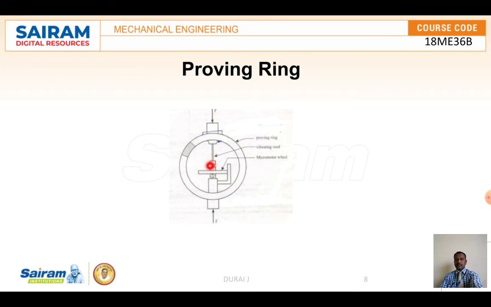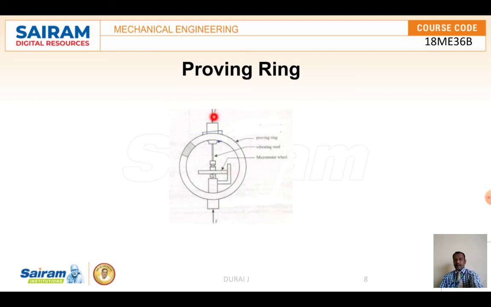The vibratory reader deflects its position, and then with the help of the micrometer wheel, which is also deflected, with the help of this scale we will know what deflection takes place in the machine. That means whatever force is acting on this proving ring, we will know with the help of the micrometer reading.